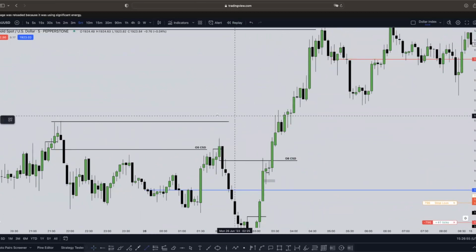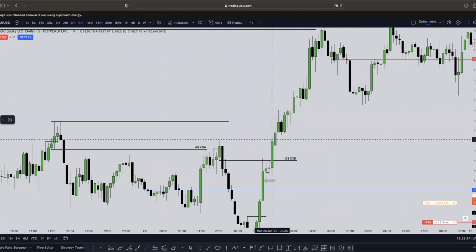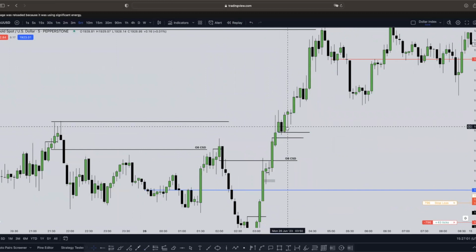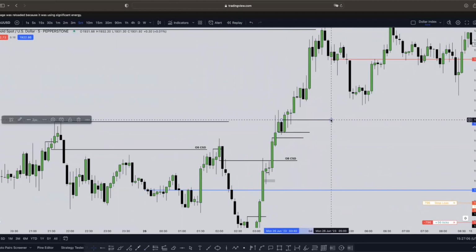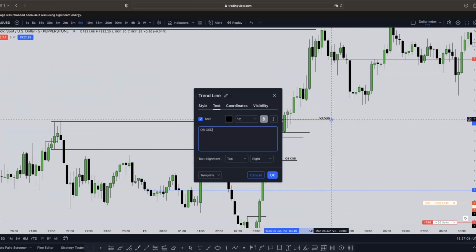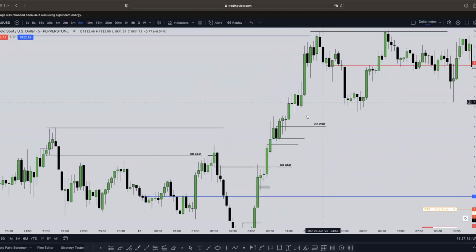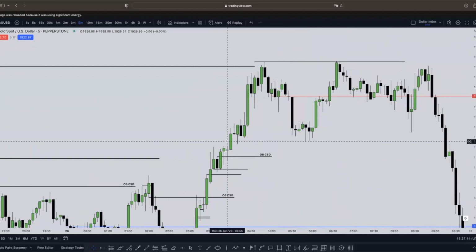So here, we go above the Asian high. See this guy here? We fill in a gap. The down close candle gets traded through. So then this is your order block CSD. You can expect price to trade higher.